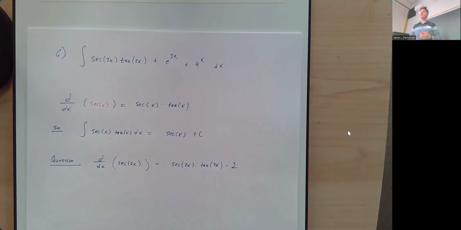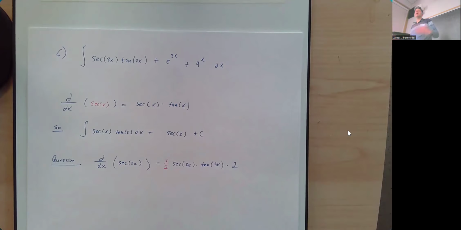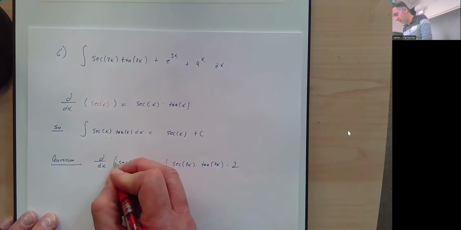So how do I fix this? How do I get rid of that 2? What can I multiply by to get rid of it? 1/2. But I can't just multiply one side by 1/2. I also have to multiply the other side by 1/2.